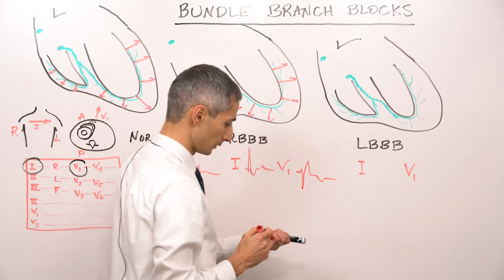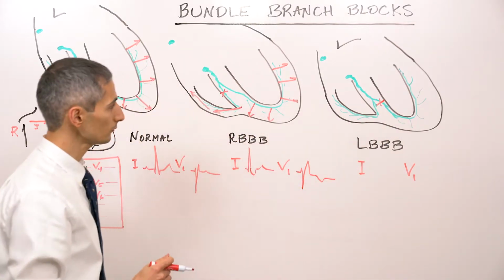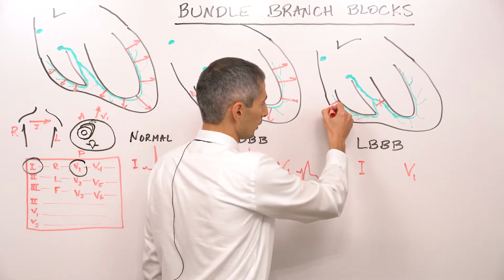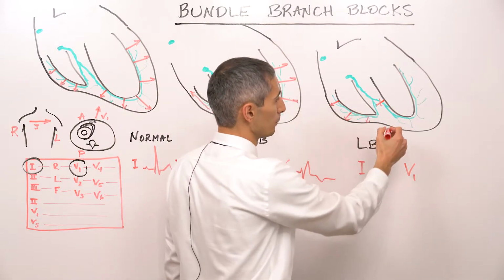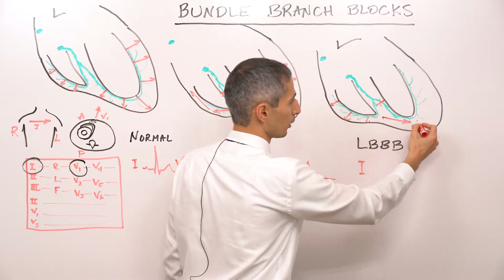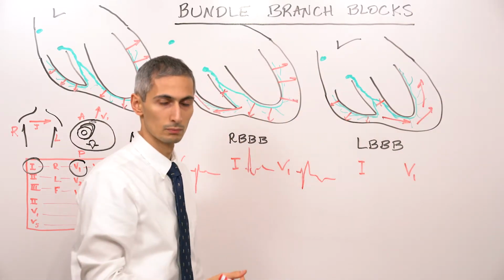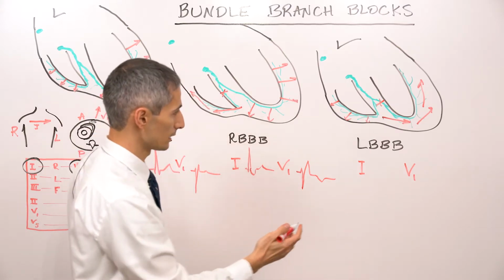Let's look at a left bundle branch block. In this case, this is what's broken. The right ventricle depolarizes thickness-wise and normally, but the whole thick, big LV ends up having to depolarize lengthwise, which takes longer time. And that's why the QRS is wider.